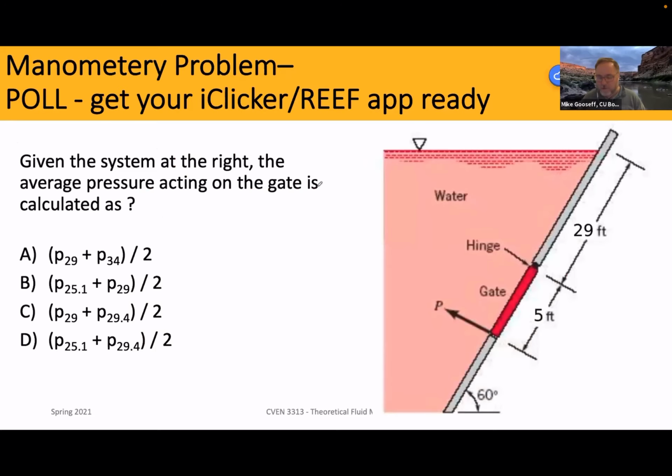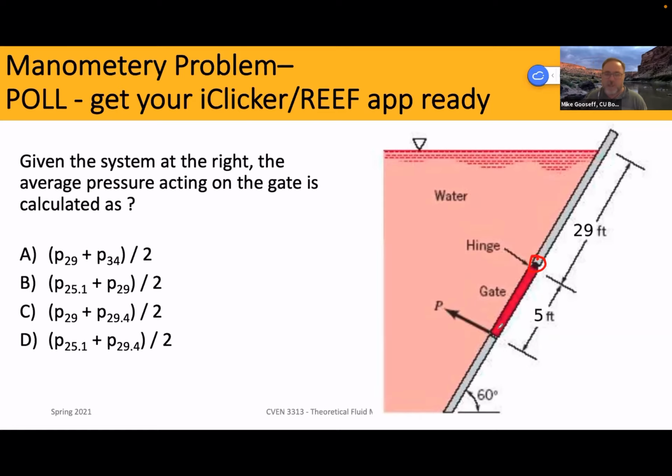Okay. Real quick, let's do a review problem here. Okay, so in the system on the right here, we've got a hinged gate. It's hinged at the top. The top of that is 29 feet down, and then we have another 5 feet of the gate.